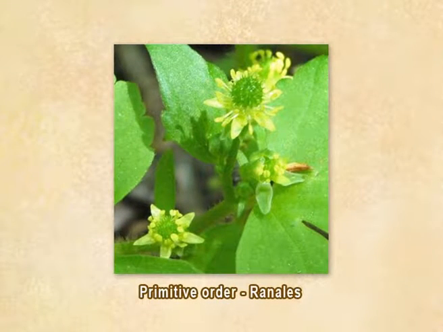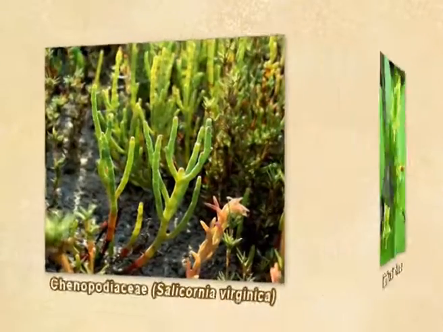Similarly, in many dicotyledons, unilacunar nodes with two leaf traces have also been found. Many of the dicotyledonous genera with unilacunar nodes with a double leaf trace belong to the primitive groups of Ranales and Ctenopodiaceae.